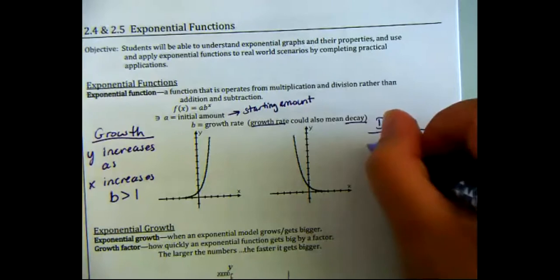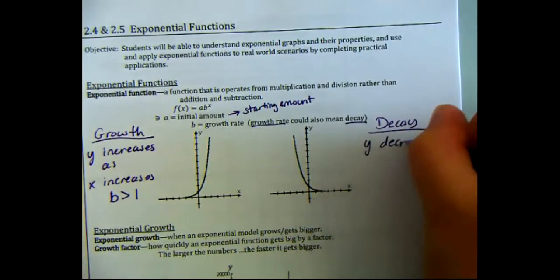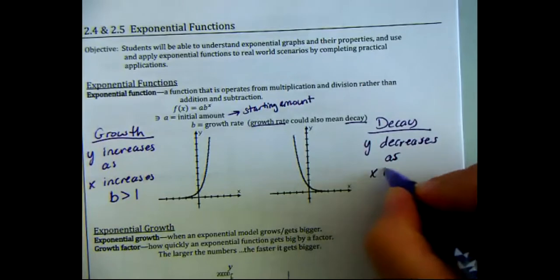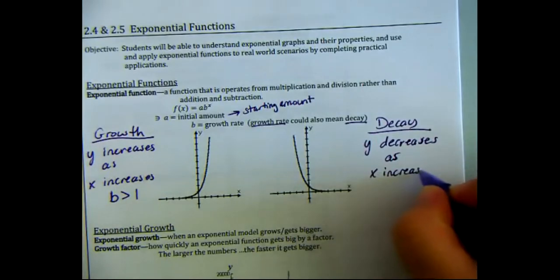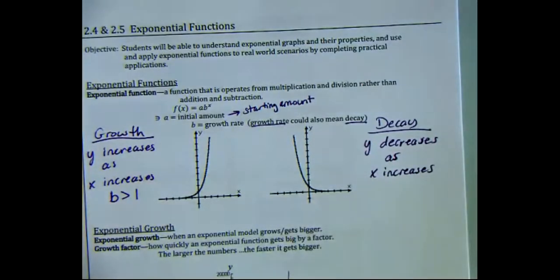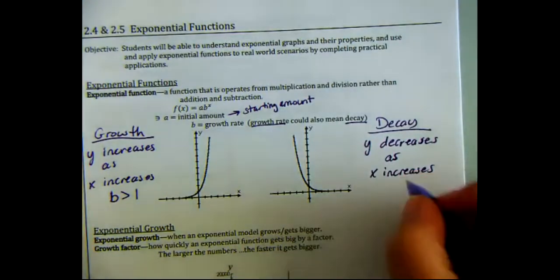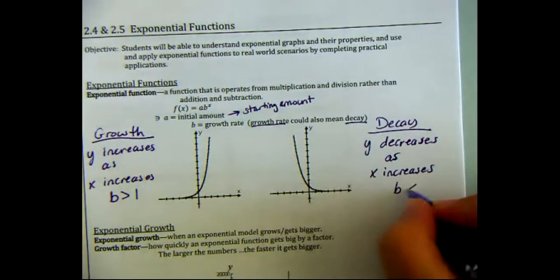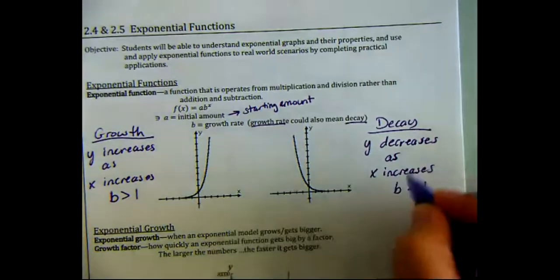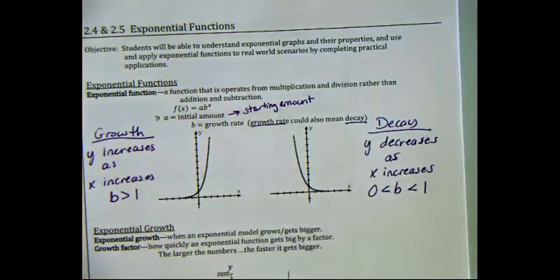So as we can see in the decay, our y decreases as x increases. Okay. And in this situation, our b is less than 1, but it's greater than 0. So b is not negative. Okay, it's always positive.